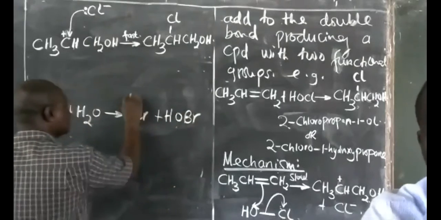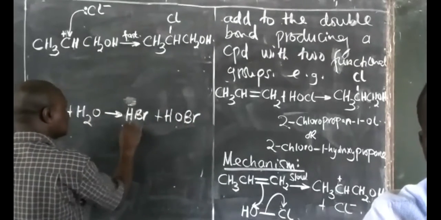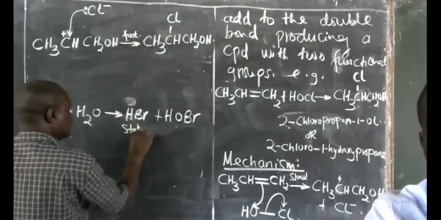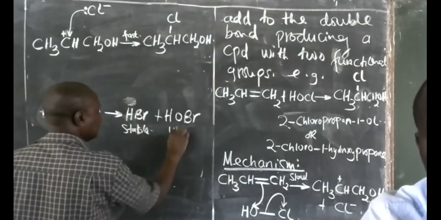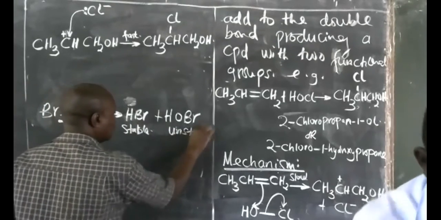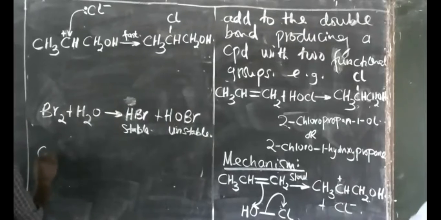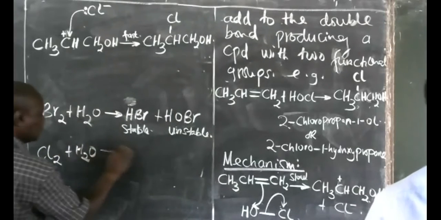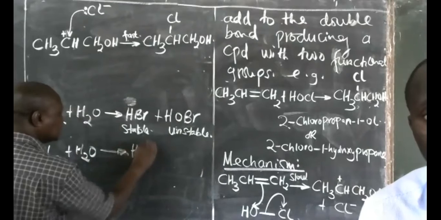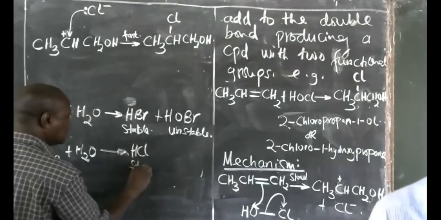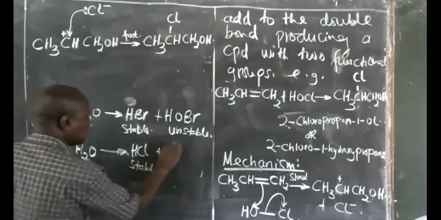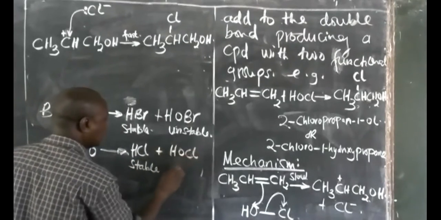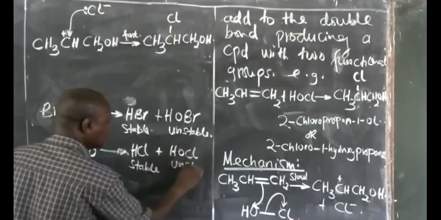This one is very stable. This one is very unstable. And then also chlorine plus water is going to give us hydrochloric acid, which is very stable, plus HOCl, which is very unstable.